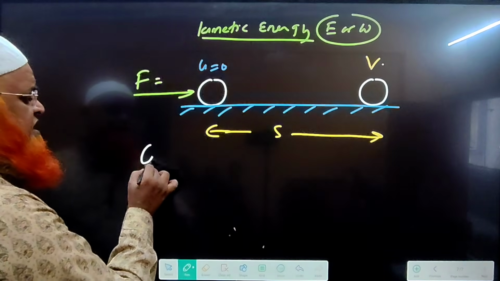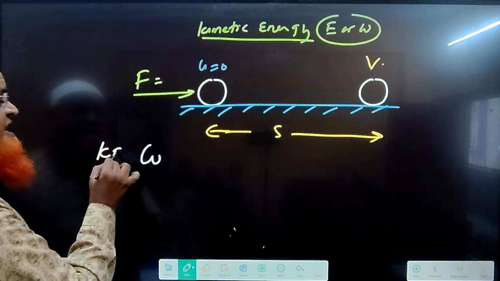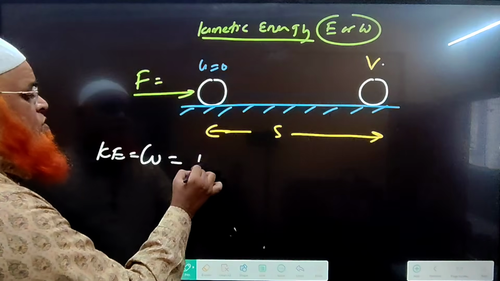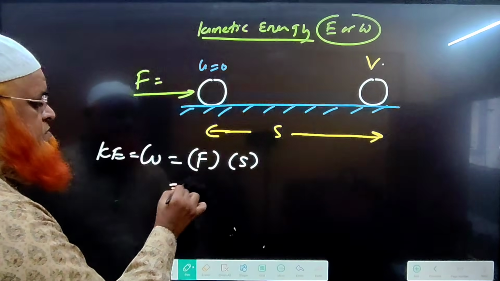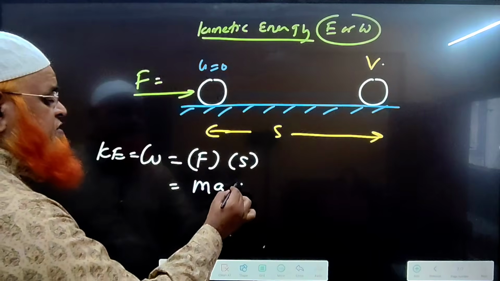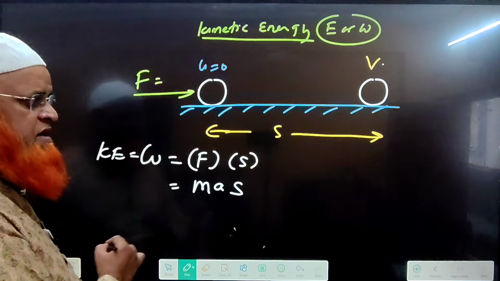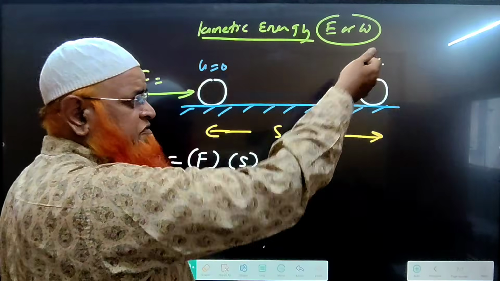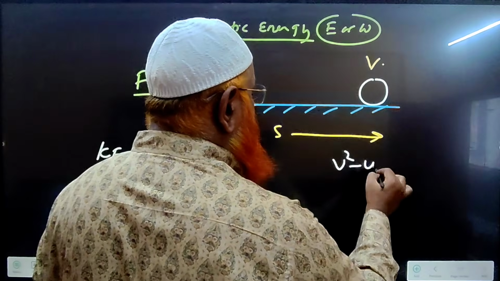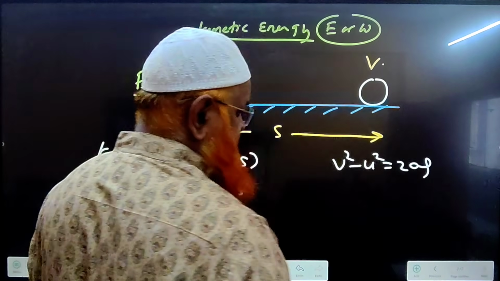What is the formula for work done? See here, kinetic energy means work done only. So work done is nothing but force into displacement. Force is nothing but mass into acceleration, into displacement. Here, a body which was at rest, when kicked, gains a final velocity. You write v square minus u square is equal to 2as.